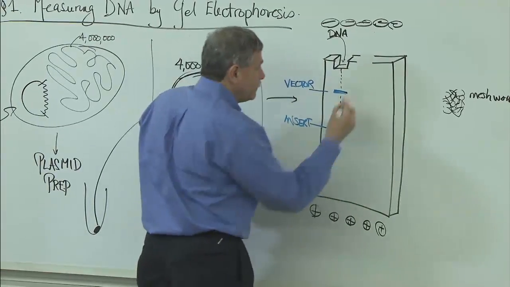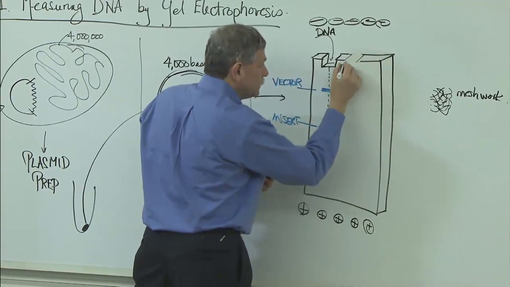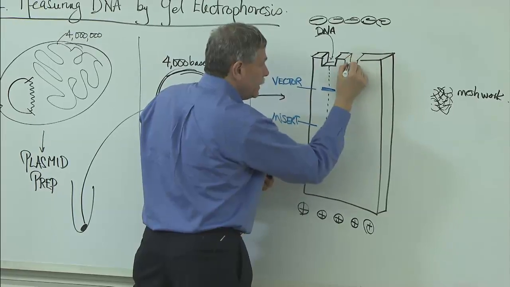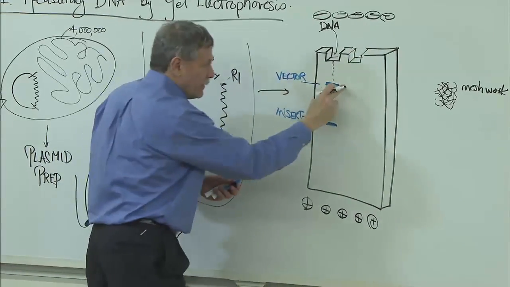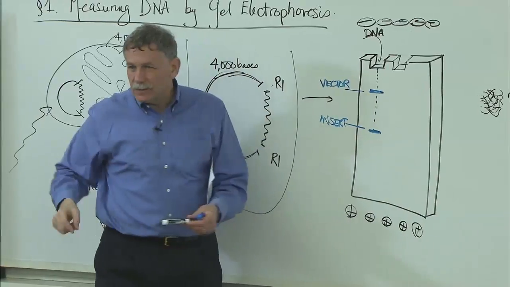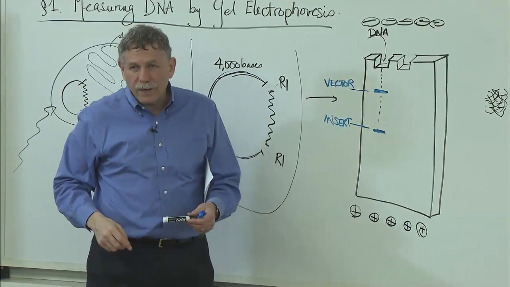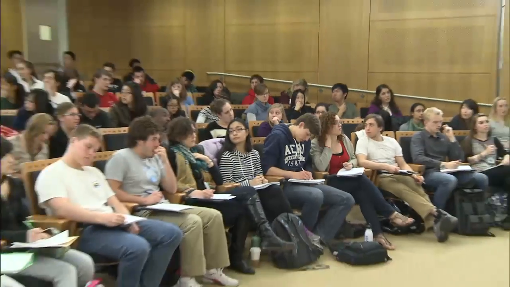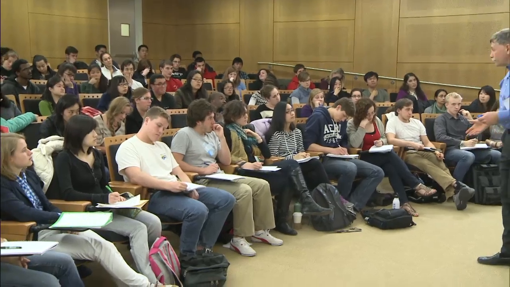Well, I could put the vector in without the insert, and I would see, so you want me to make another lane here. Okay, so I can make another lane here. Okay, and I could add something to it, we just have the vector alone, but that wouldn't tell me about how big this is. What could I, yes? How about a mixture of known lengths?